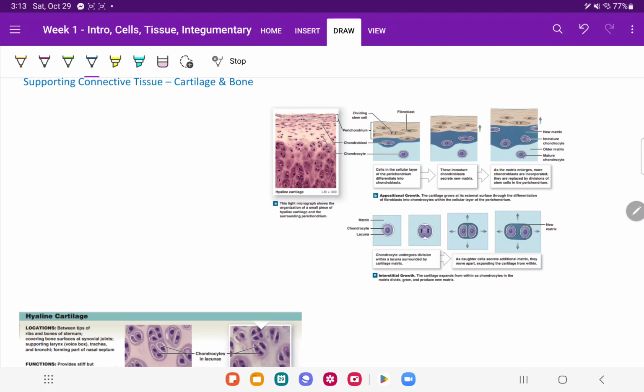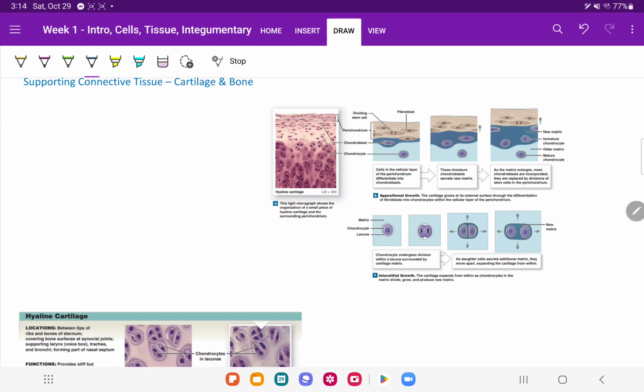Moving further, looking at the other type of tissue, which is supporting connective tissue. There are two types of supporting connective tissue: cartilage and bone. They provide a strong framework to support the rest of the body.